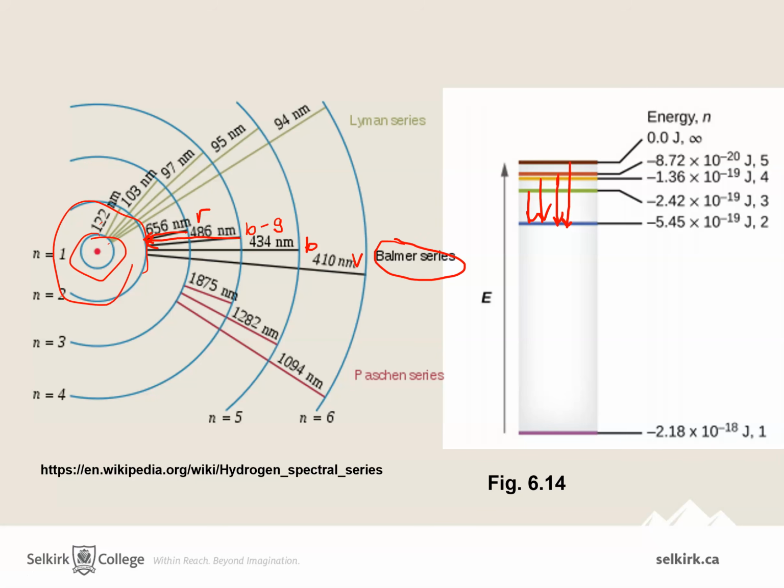But if it hops down to the first energy level, that could be any one of these transitions, and you can see that the energy jump it makes, the change in energy, delta E, is much bigger. More energy change for the atom, more energy goes into the photon. More energy of the photon, higher frequency for the photon.